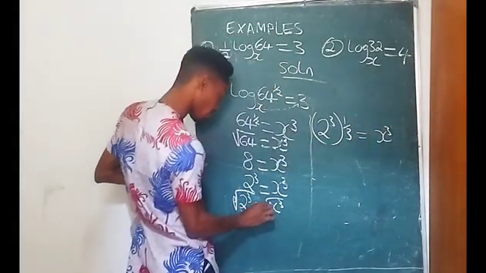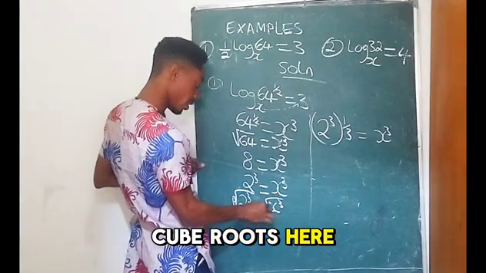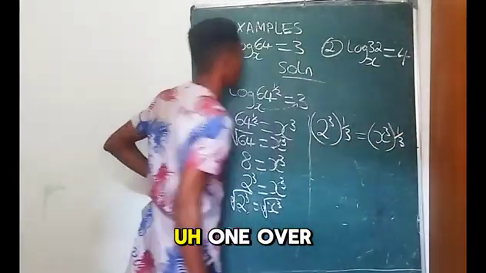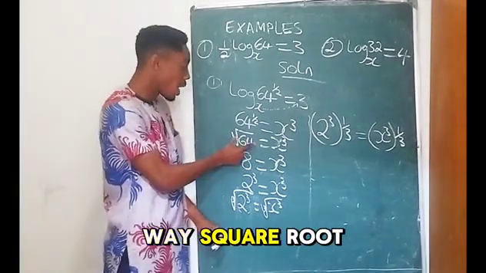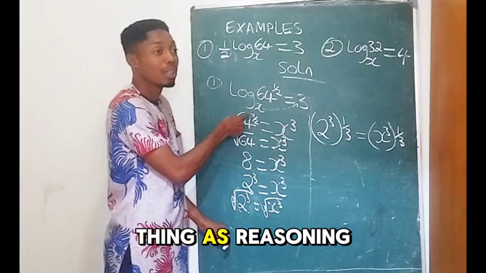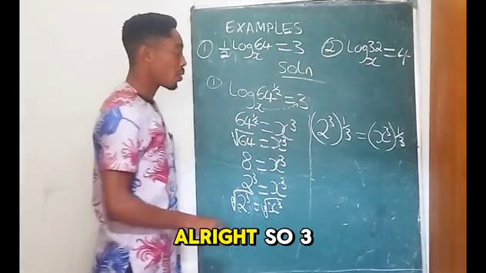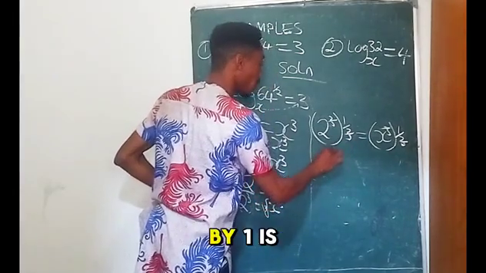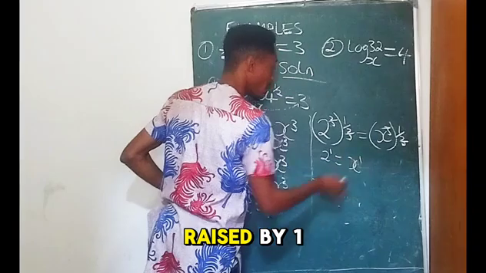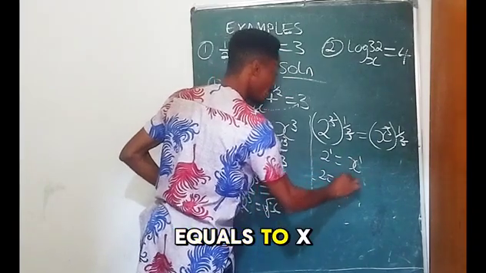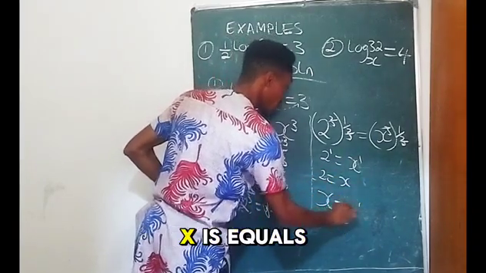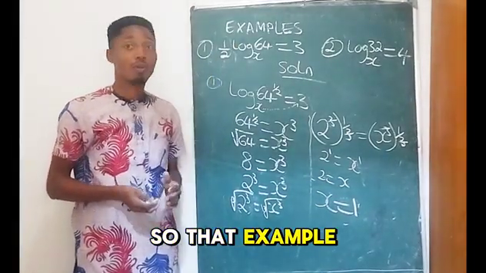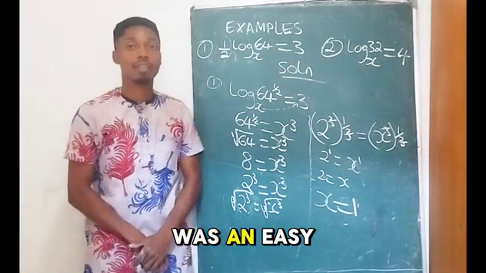The cube root here is the same thing as saying this raised to power 1 over 3, just the same way square root is the same thing as raising the number to 1 over 2. So 3 cancels 3. So 2 raised to power 1 equals x raised to power 1. So 2 equals x, which means that x is equal to 2. So that example was an easy one.